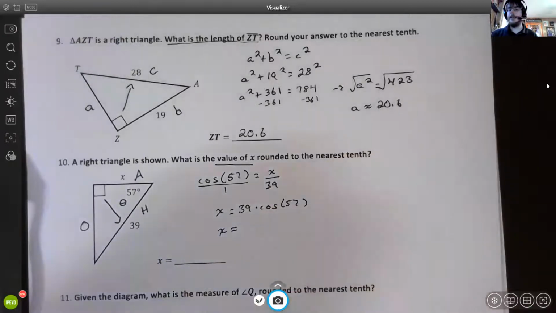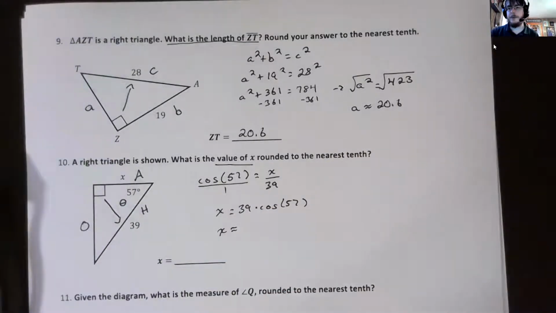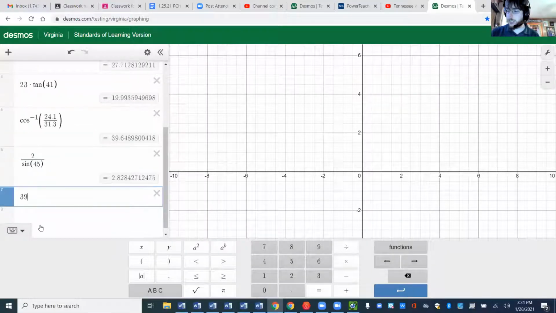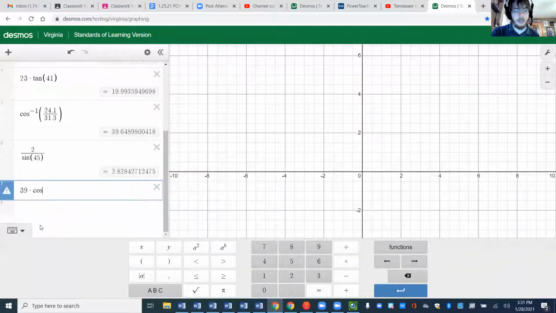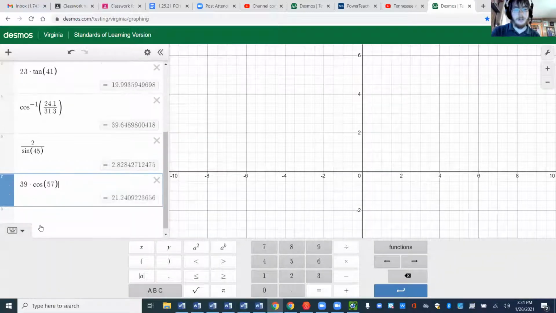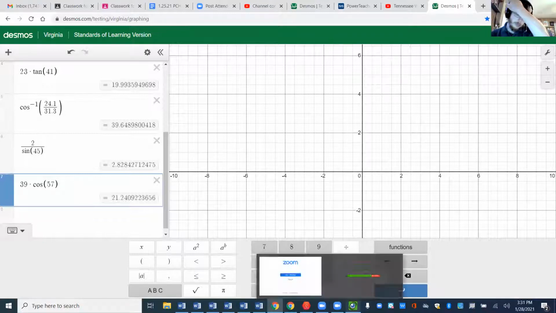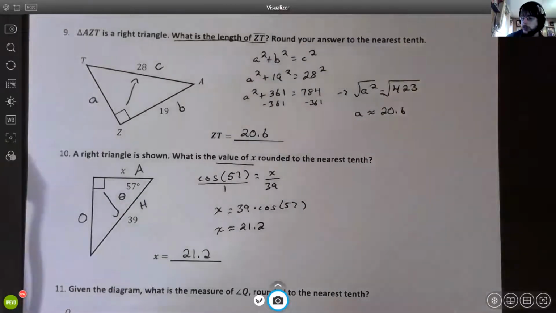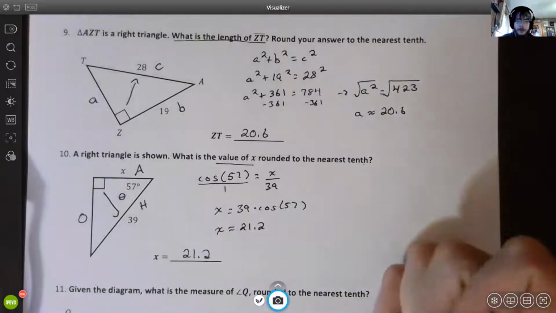And if we type that in the calculator, we get 39 times cosine of 57, which is 21.2. And we rounded it like that because it says to the nearest tenth.